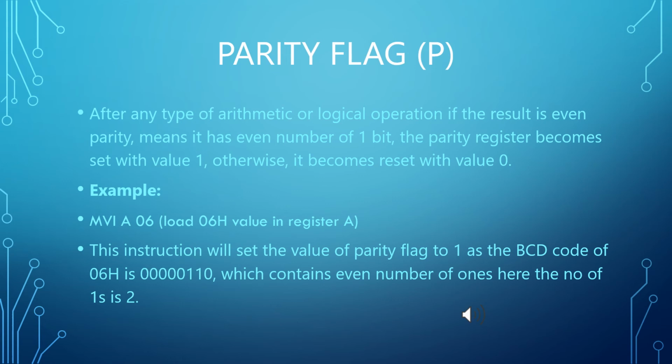Now load the 06H value in register A. This instruction will set the parity flag to 1, as the binary code of 06H is 00000110, which contains an even number of ones. Here the number of ones is 2.